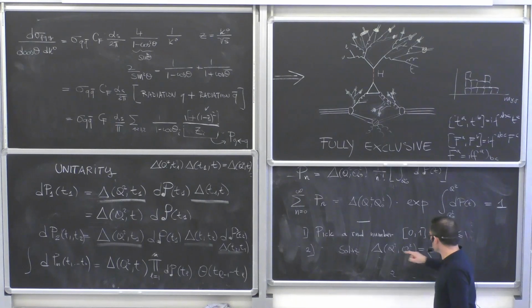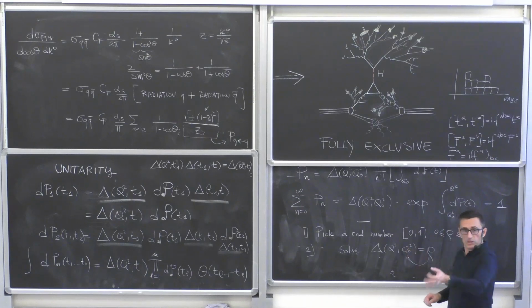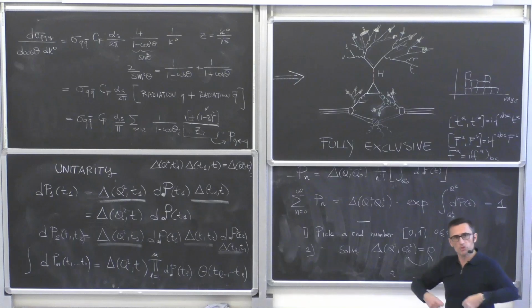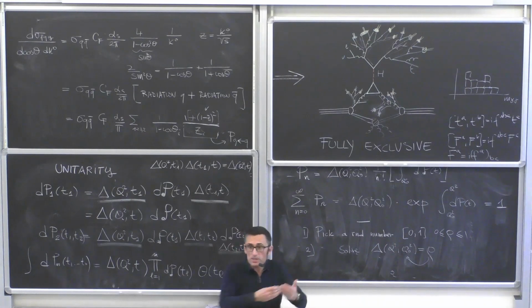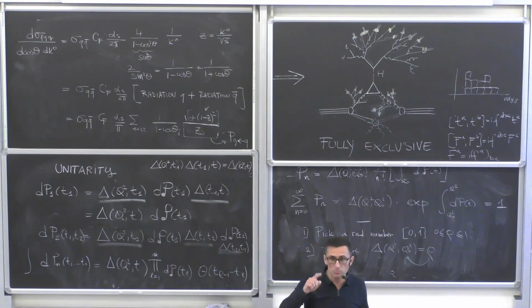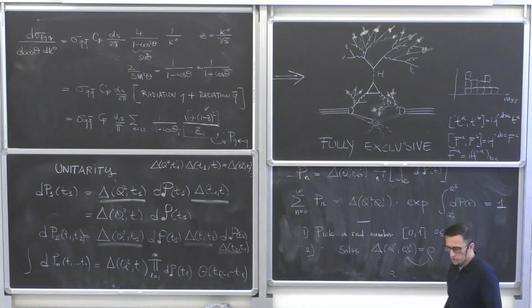So we say, well, it's a number. So I take a random number, then I have to solve it backwards. I solve it, I determine Q0, and that's the scale of branching. So I randomly generated a scale of branching using the Sudakov as the probability of generating that scale, because my probability is P, which is inside the Sudakov.